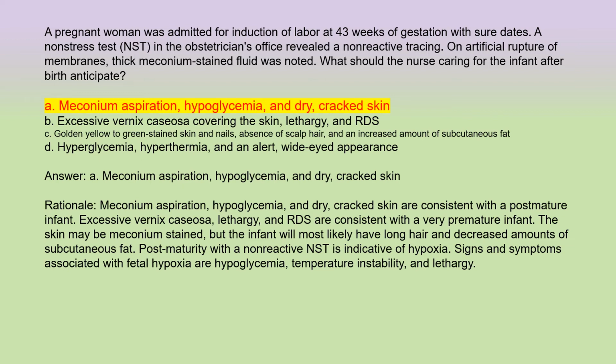The skin may be meconium stained, but the infant will most likely have long hair and decreased amounts of subcutaneous fat. Post-maturity with a non-reactive NST is indicative of hypoxia. Signs and symptoms associated with fetal hypoxia are hypoglycemia, temperature instability, and lethargy.